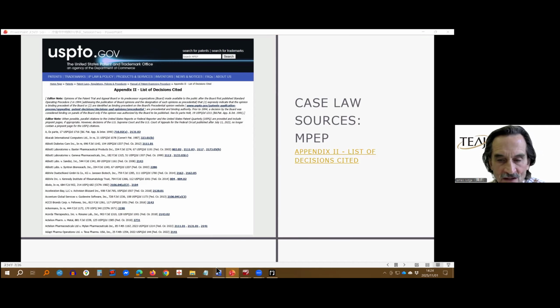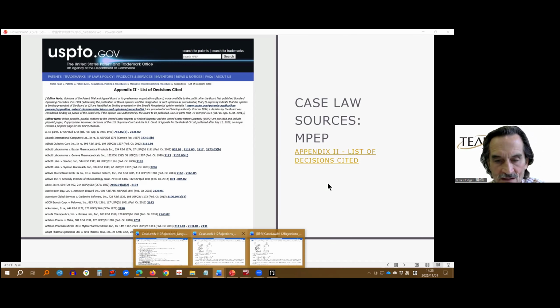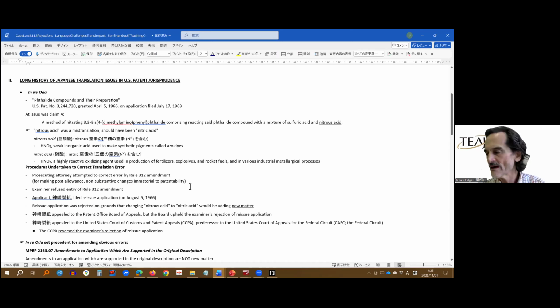Now, why am I talking about the list of decisions cited in the MPEP? Well, the reason is because of this case that is very important in the MPEP, and it involved an old patent issued to a Japanese company in the 1960s, so almost as old as I am.